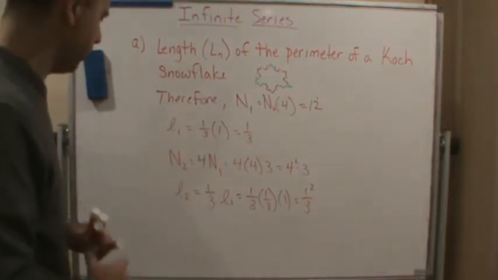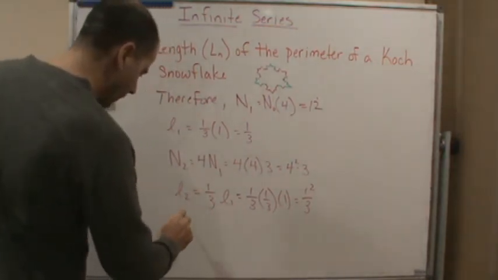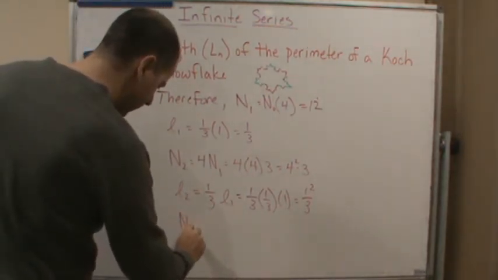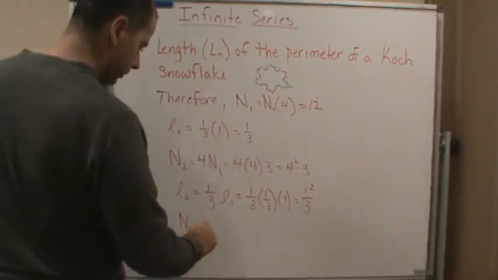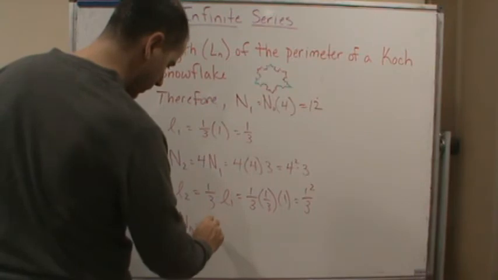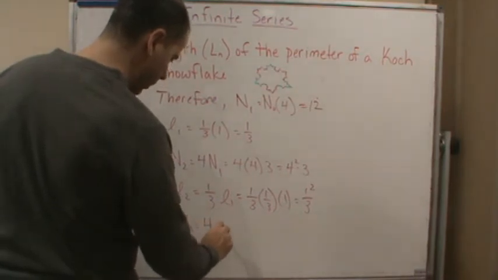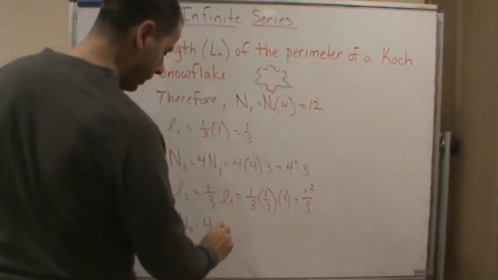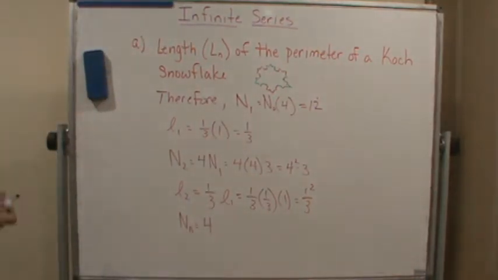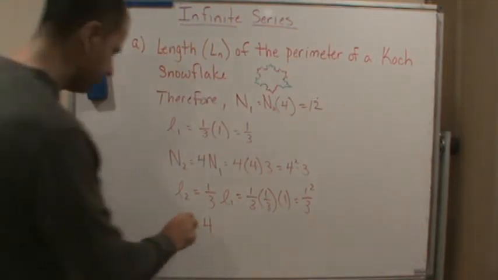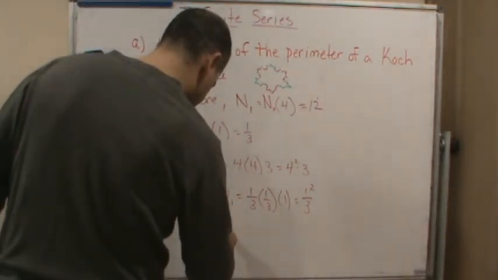So based on this, we know that N sub n is going to equal what? Yeah, 4 times N sub n minus 1. Right? So that's obvious.